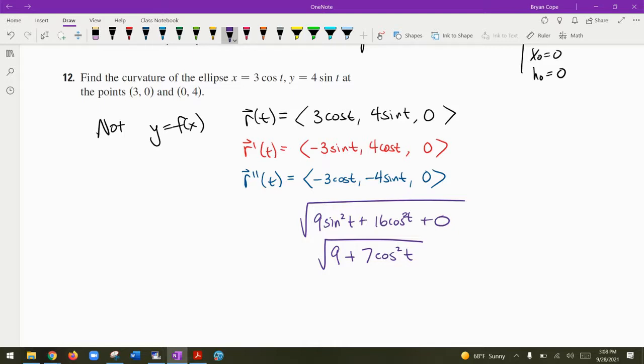Because you've got 9 copies of sine squared plus cosine squared, they all make 1, and then you've got 7 cosine squareds left over. All right, that's right. And we're going to have to raise that to the third, so this is really 9 plus 7 cosine squared t to the 3 halves. That's going to be our denominator.